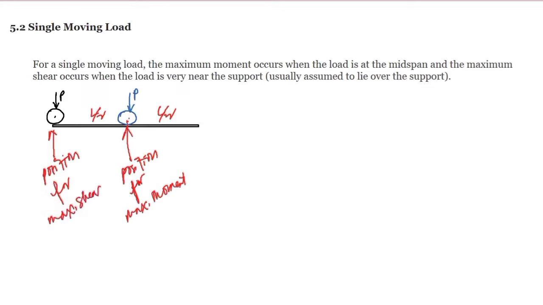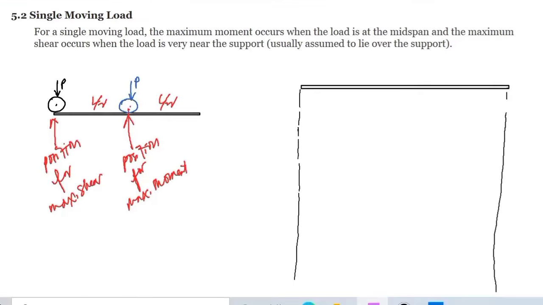So what is the reason kung bakit na-determine itong mga positions na to cause the maximum shear and the maximum moment? Okay, so first we position the single moving load at the midspan. So this load is acting at a distance of L over 2.